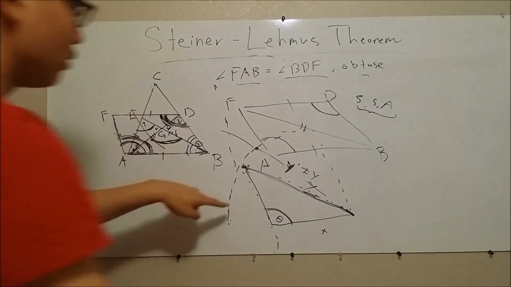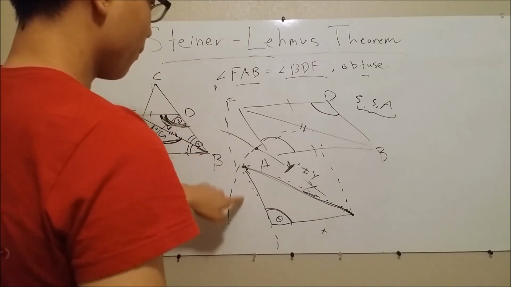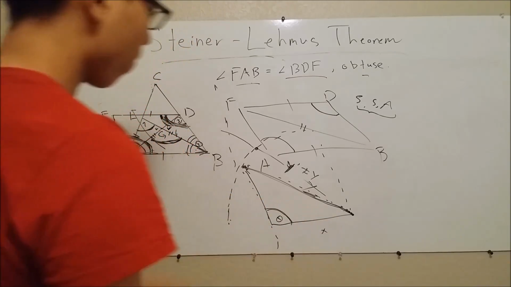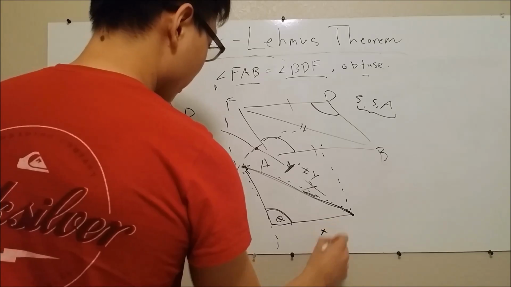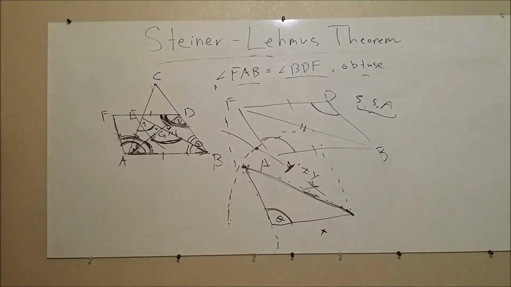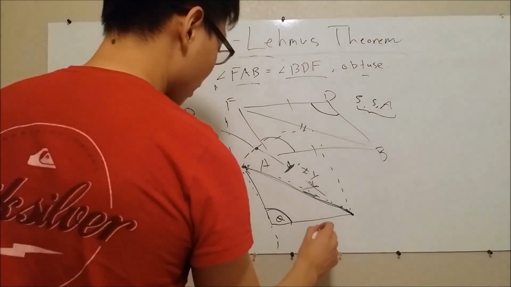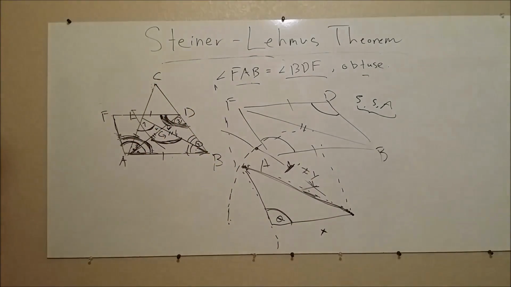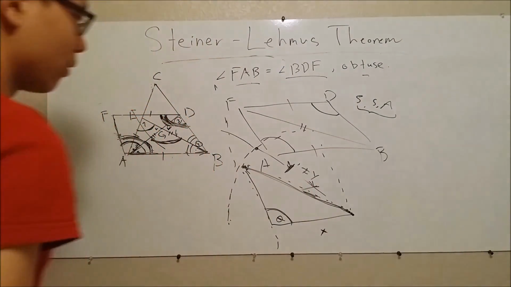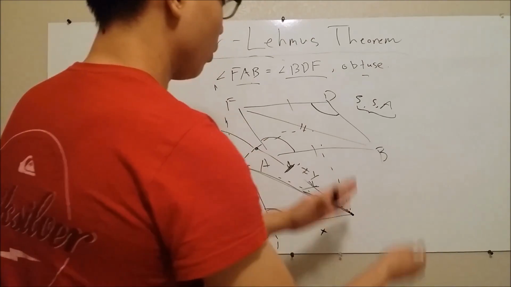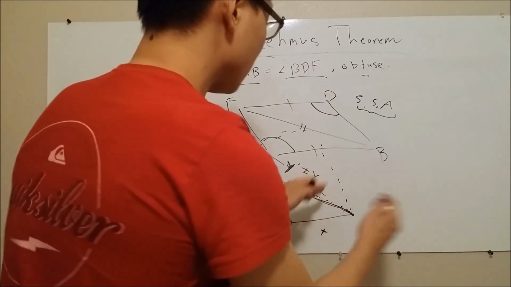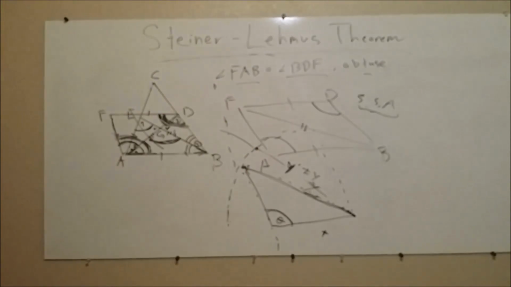So we have a unique triangle, right? FAB. So that means any triangle with angle theta, length x, and length y must be unique. That is, if we have another triangle with the same properties, then it must be equal to this triangle, right?